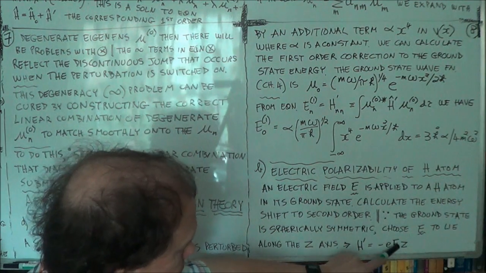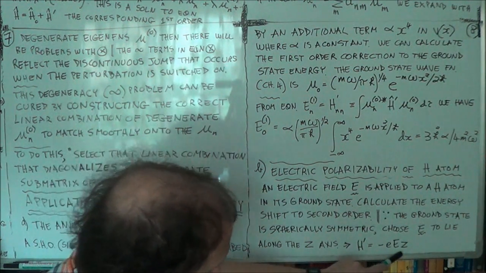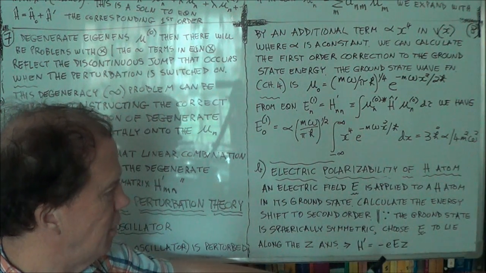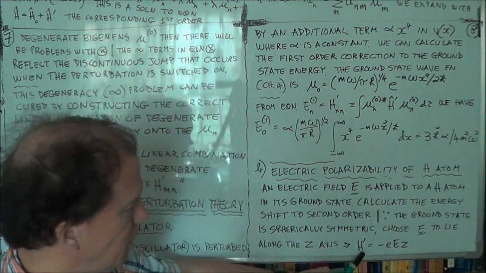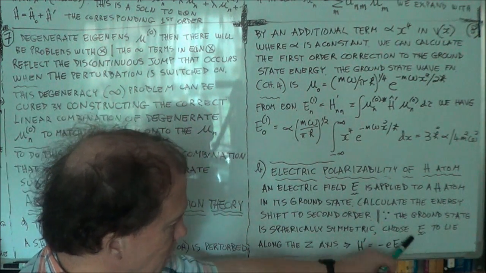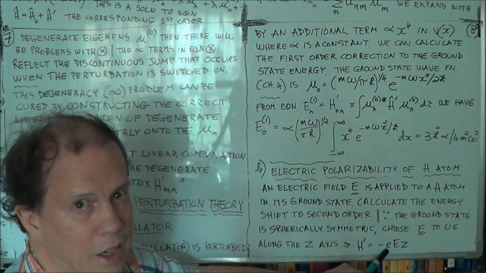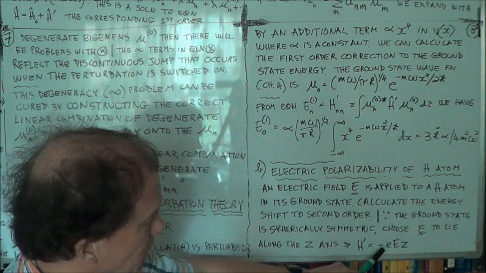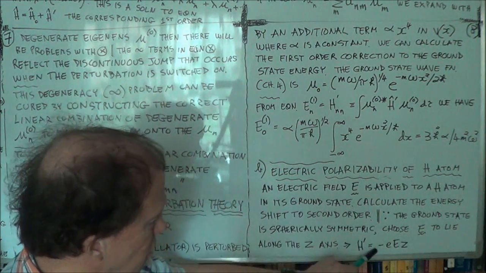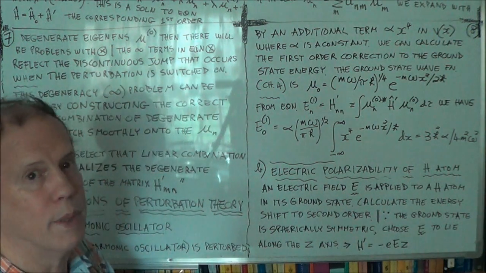So force times distance gives you work, which is potential energy, and that's the perturbing term, H dashed. It's minus e to make this positive, because the charge of the electron is negative. So minus e, big E the electric field strength, z. So that is your perturbing H dashed.